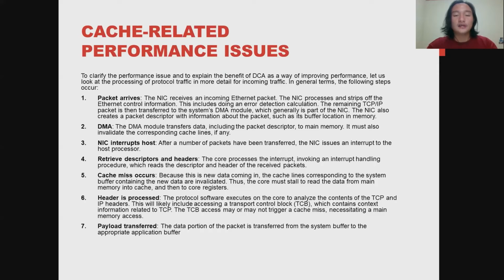This includes doing an error detection calculation. The remaining TCP/IP packet is then transferred to a system DMA module, which generally is part of the NIC. The NIC also creates a packet descriptor with information about the packet, such as its buffer location in memory.